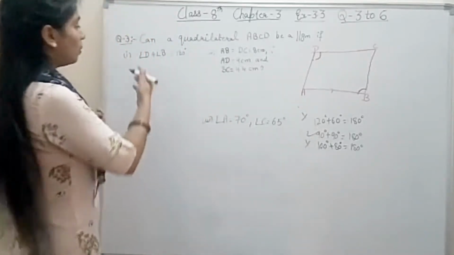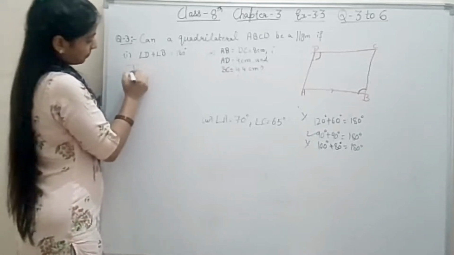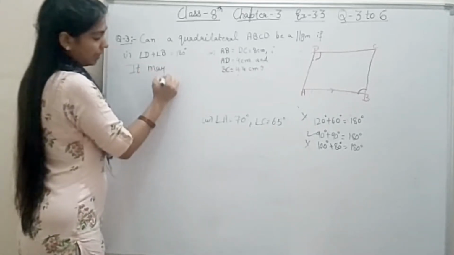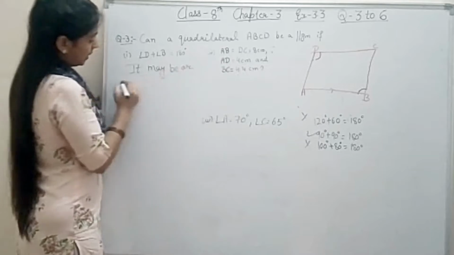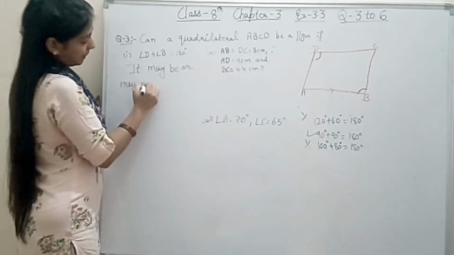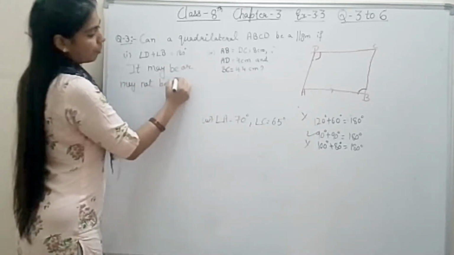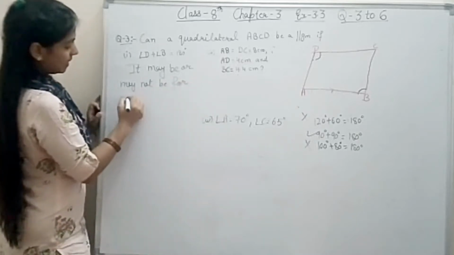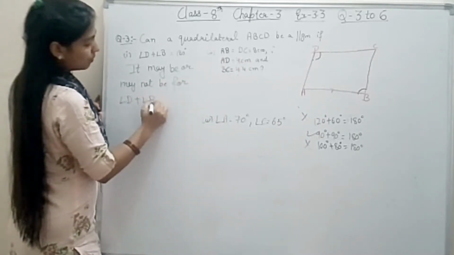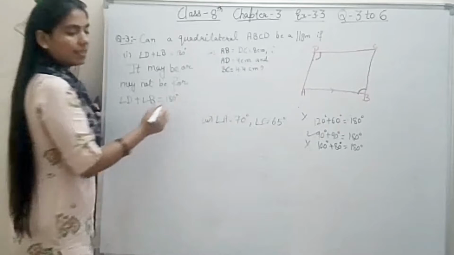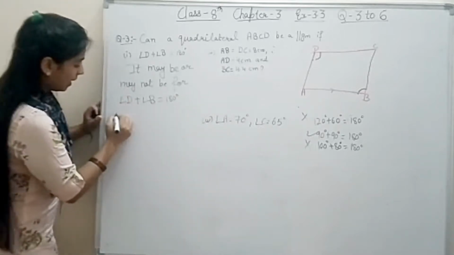So how you will write the solution for this? You will write it may be or may not be for angle D plus angle B is equal to 180 degree. और कब हो सकता है?